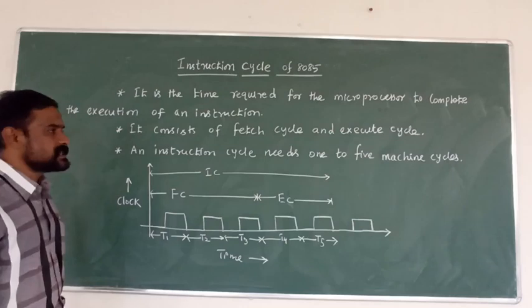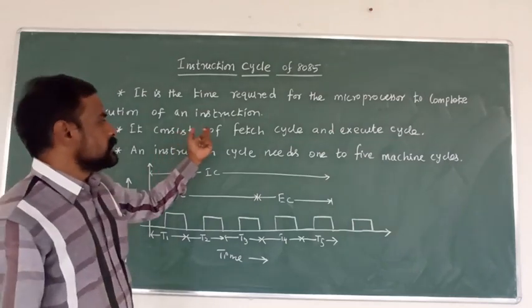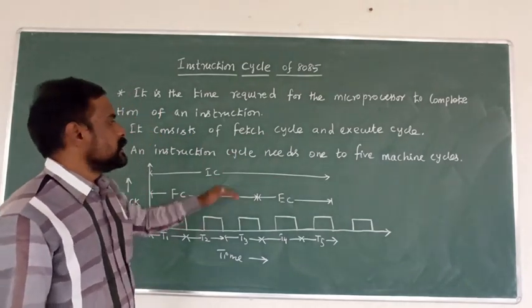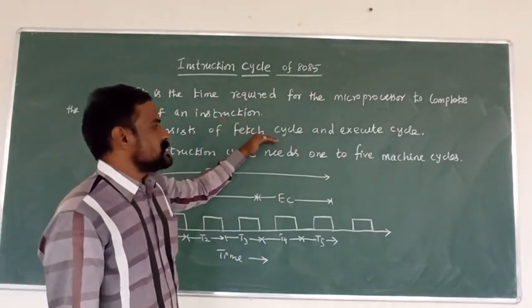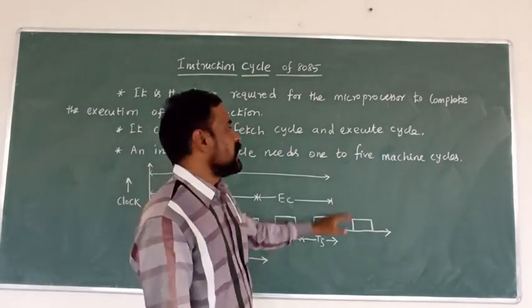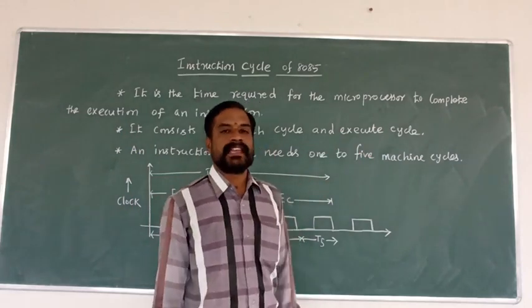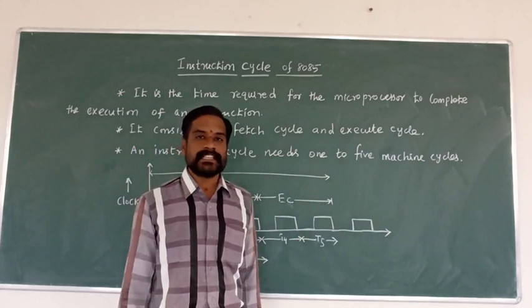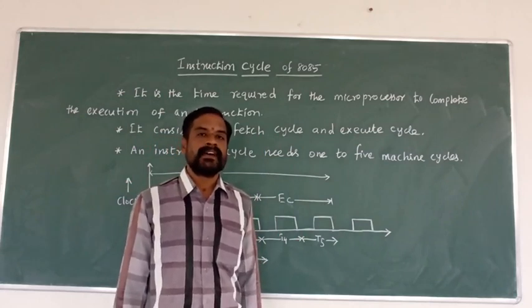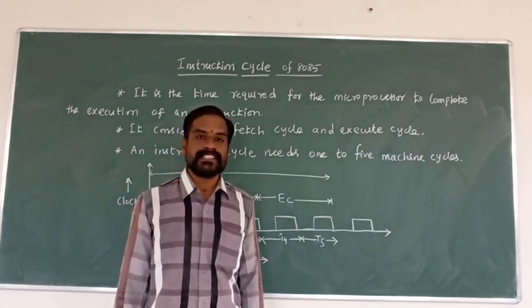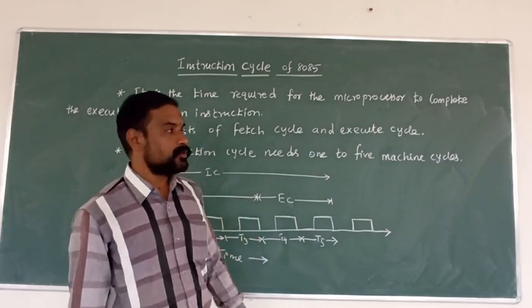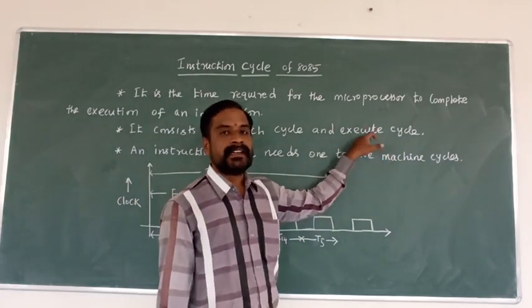Now this instruction cycle consists of two types. Number one, fetch cycle and execute cycle. Here the fetch cycle means to fetch the data from memory, and then to execute the instruction.